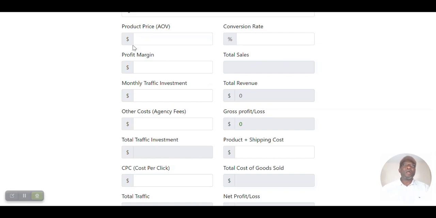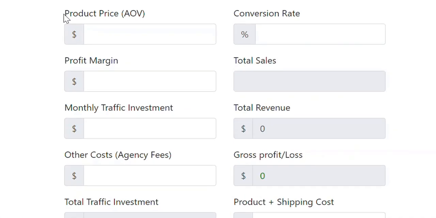Okay. Now, for ABC Limited, their average order value on their site is $50. Now, why am I using $50 here? Because most e-commerce businesses sell the bread and butter products that range from like $10 all the way to maybe $50, $60, $70.